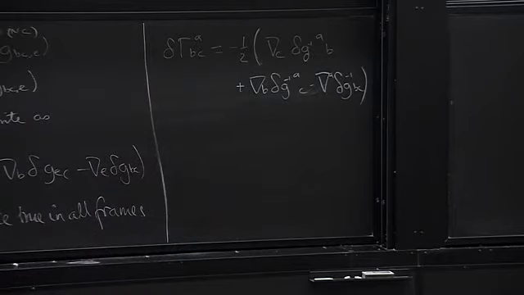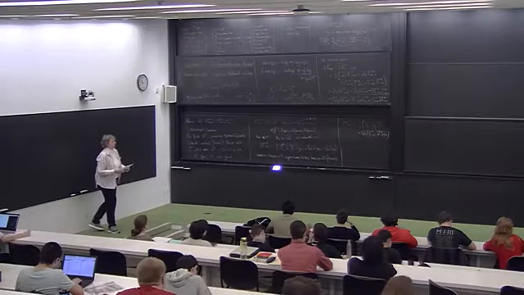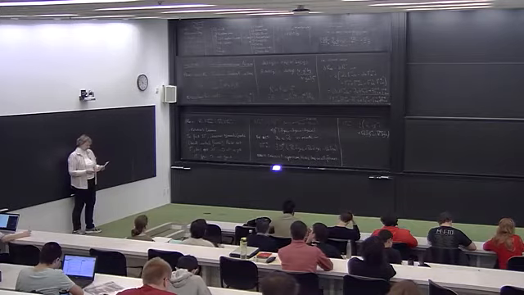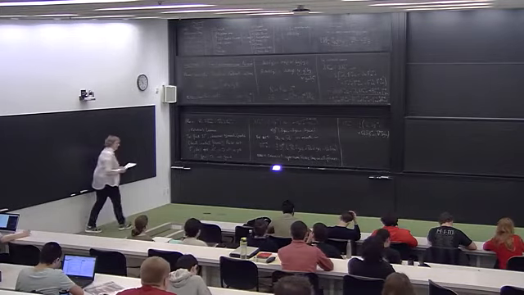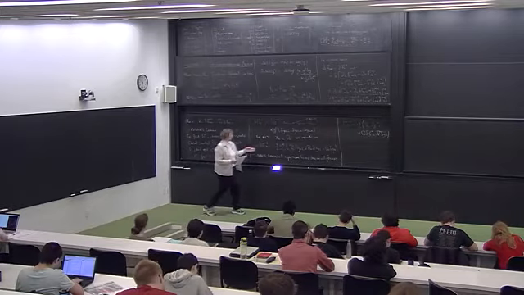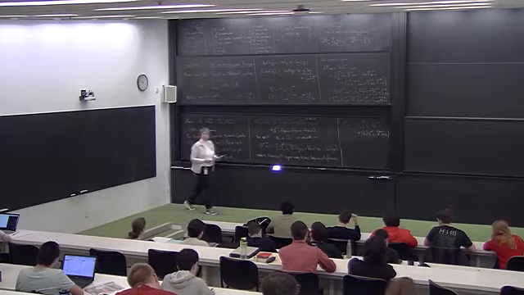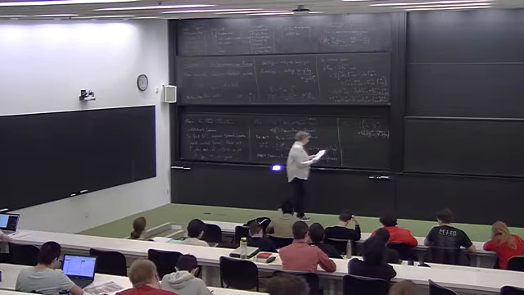So I've put the G inverse there just to emphasize that it really is varying the inverse metric rather than varying G, because the indices are sort of going up and down like crazy. So now, having got delta gamma, I can go back to Palatini's lemma and find the variation of the Ricci tensor.